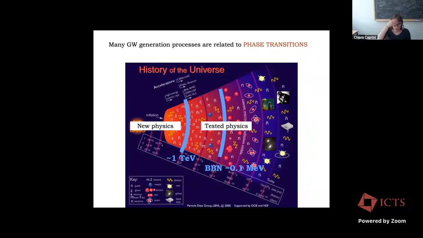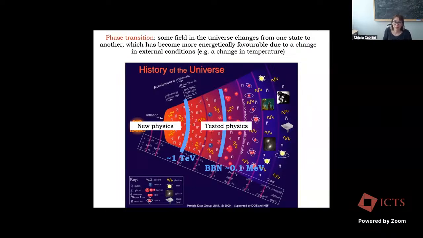So what do we have at hand, at least of which we are fairly sure at these high energies, that can generate gravitational waves? These are typically phase transitions in the early universe, which means that there is some field in the universe that changes from one state to another, because due to the expansion of the universe and the subsequent decrease in temperature, one state has become more energetically favorable than the other.